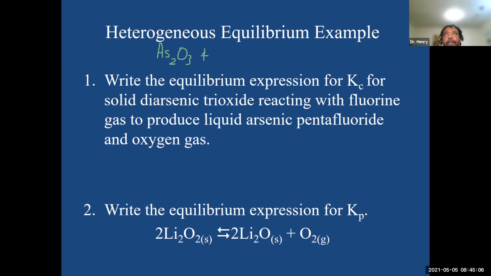No, arsenic is a metalloid, so it has characteristics of metals and also of nonmetals. In certain circumstances it acts like a nonmetal and forms covalent bonds. In other cases it acts like a metal and forms ionic bonds. In this case, it's a covalent bond. Oh, okay.